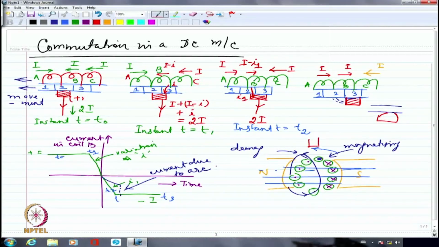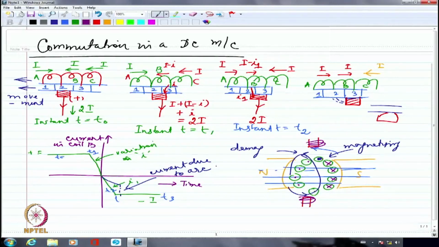The structure is in the stator, but the current carried by the conductors which are actually wound around the interpole is the same as that of the armature current. Are you getting my point?